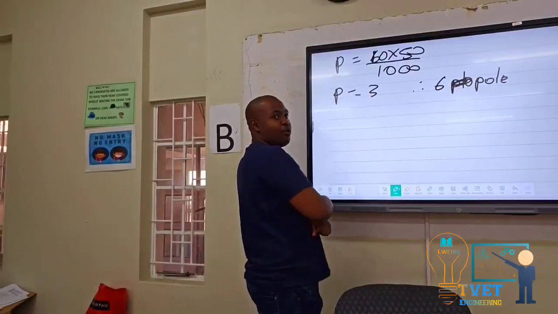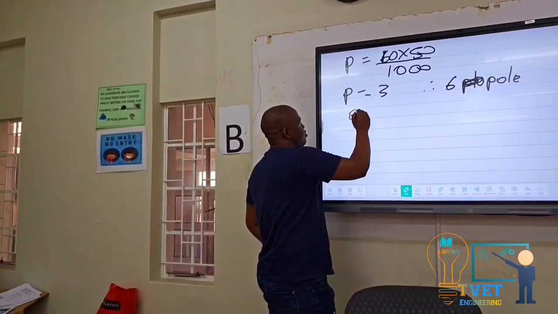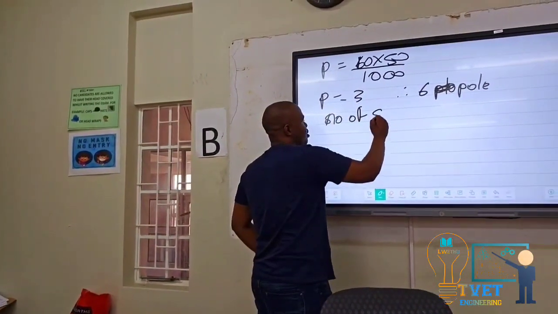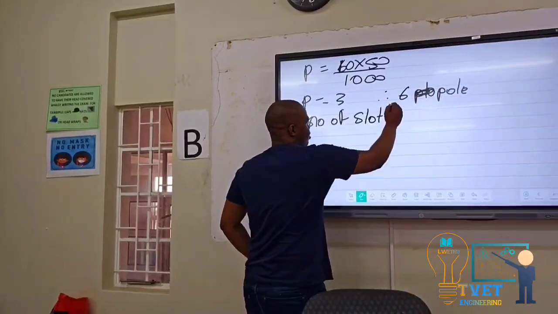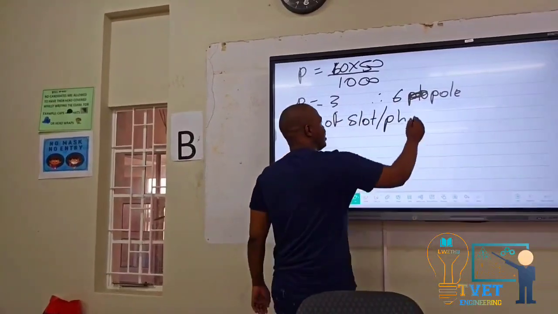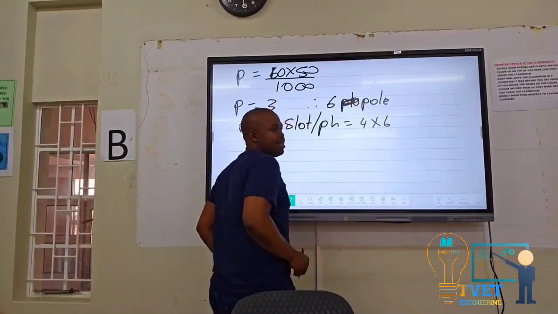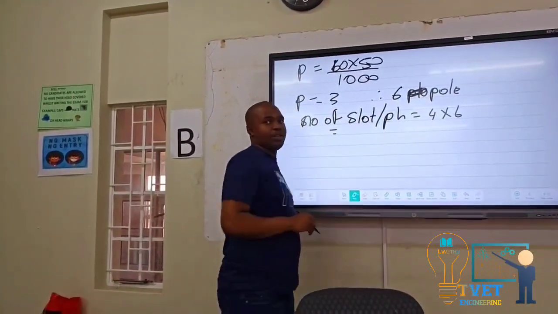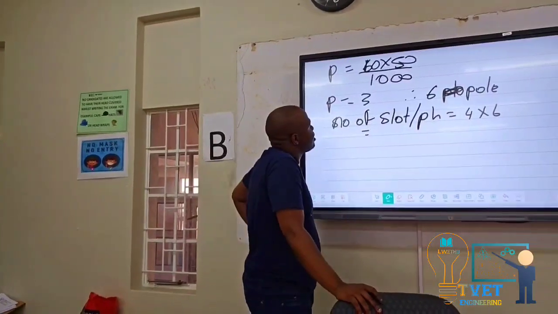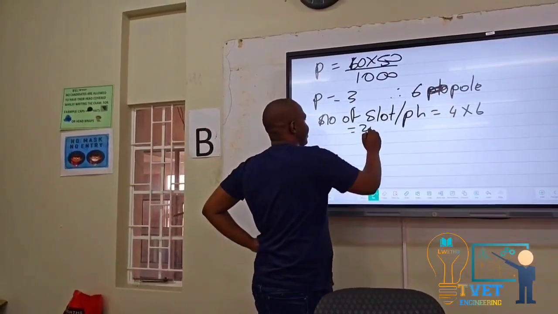Therefore, the number of slots per phase is 4 times 6, which is 24.